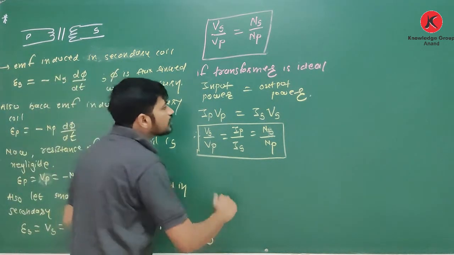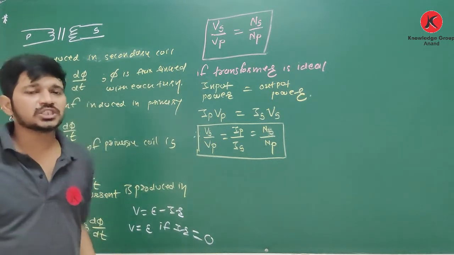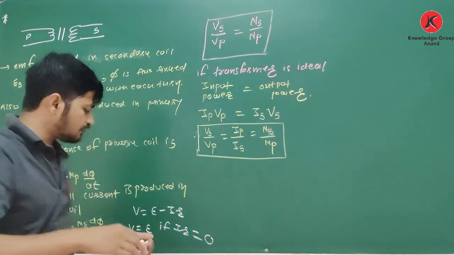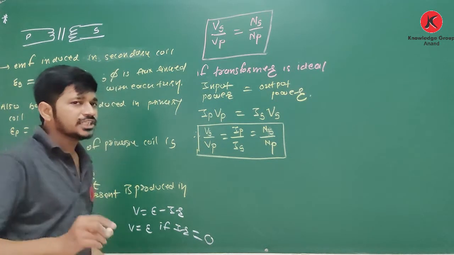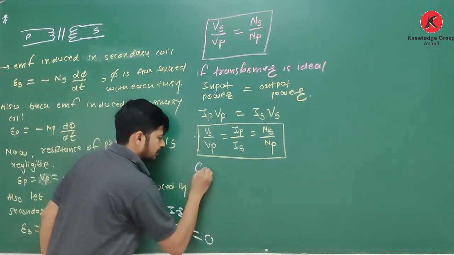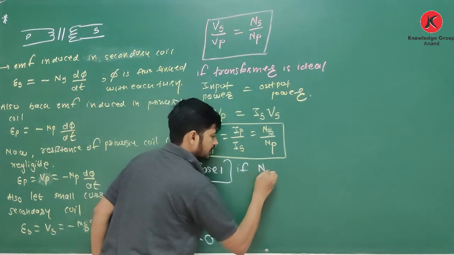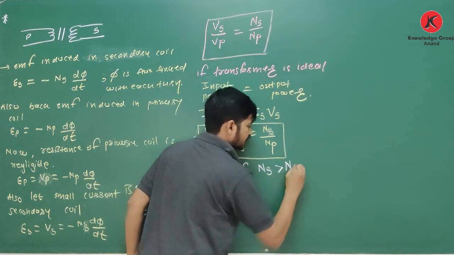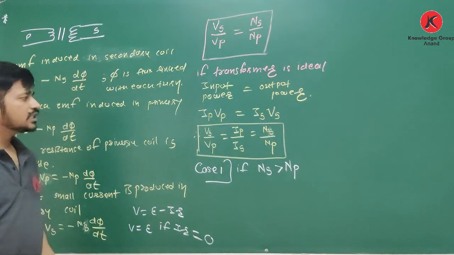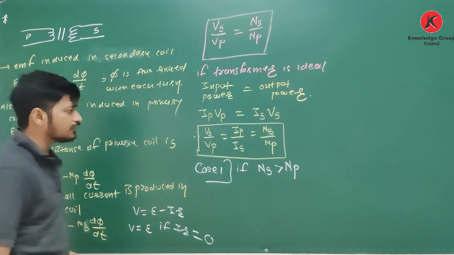And now from this equation, we will see two conditions. See, first condition here. Case 1. If Ns is greater than Np, number of turns in secondary coil is greater than number of turns in primary.